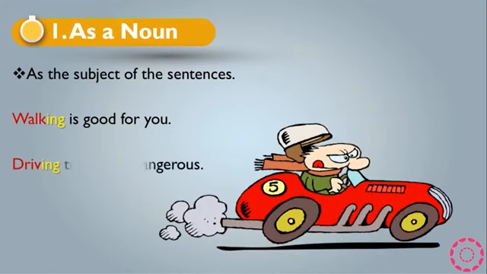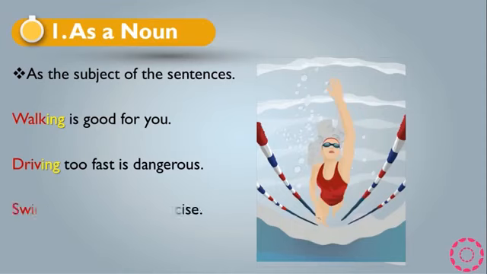Another example that we have: Driving too fast is dangerous. As you see, drive is a verb, and we add ing and it becomes driving. Because it comes at the beginning of the sentence, it becomes a noun. Another example: Swimming is good exercise.